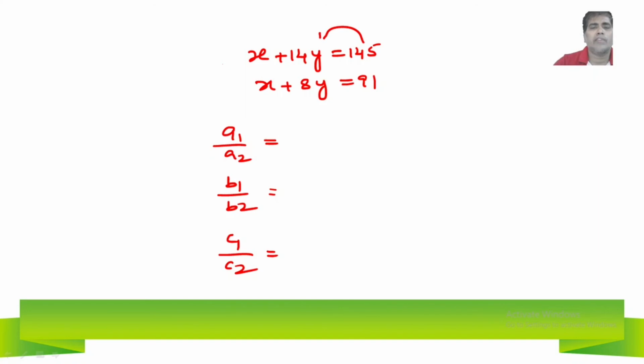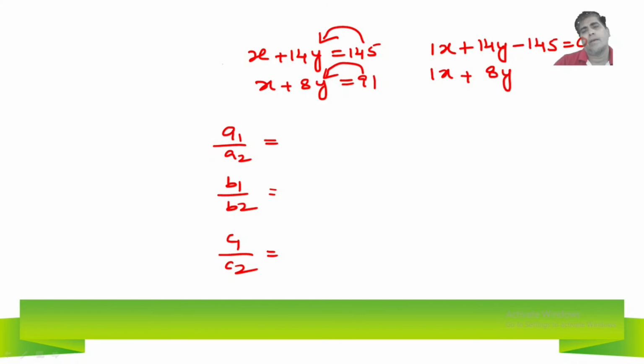Bring 145 and 91 inside. So 1x plus 14y minus 145 is equal to 0. This is the standard form of the linear equation. The second: 1x plus 8y minus 91 is equal to 0. Again, I wrote it in the standard form.